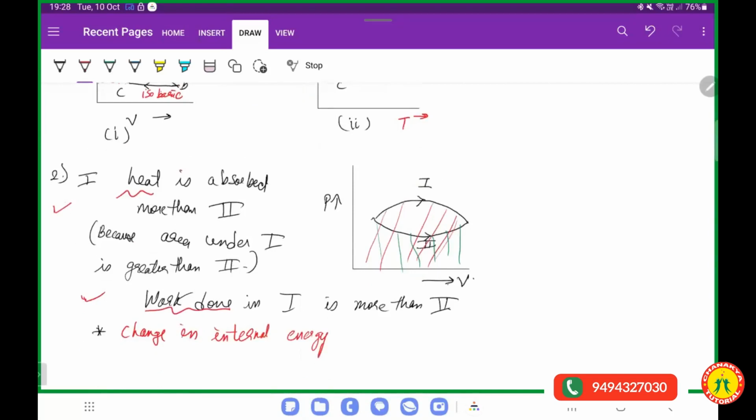See there, we said heat is absorbed. Okay, work done is what? Area under the cycle. So internal energy is not changing, so it is the same in both cases.